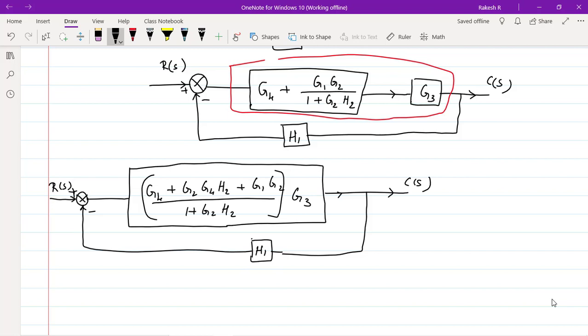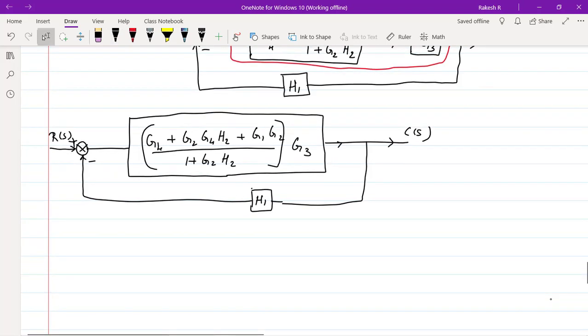Now next step is to solve the simple minor loop here, right? First, there are no blocks in series, there are no blocks in parallel, and the only next step we have here is the simple feedback loop. Before going to that, we shall solve this whole thing which is inside the brackets, right?